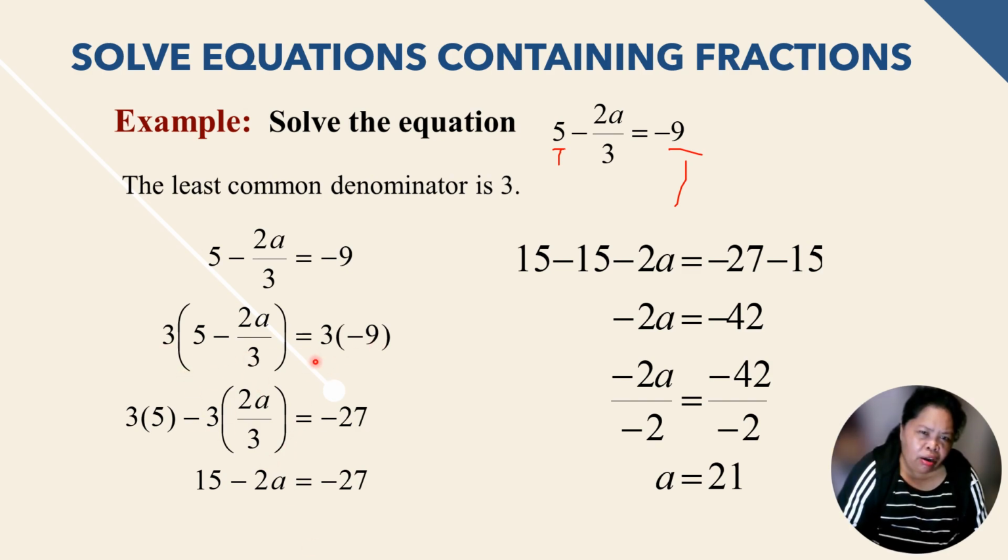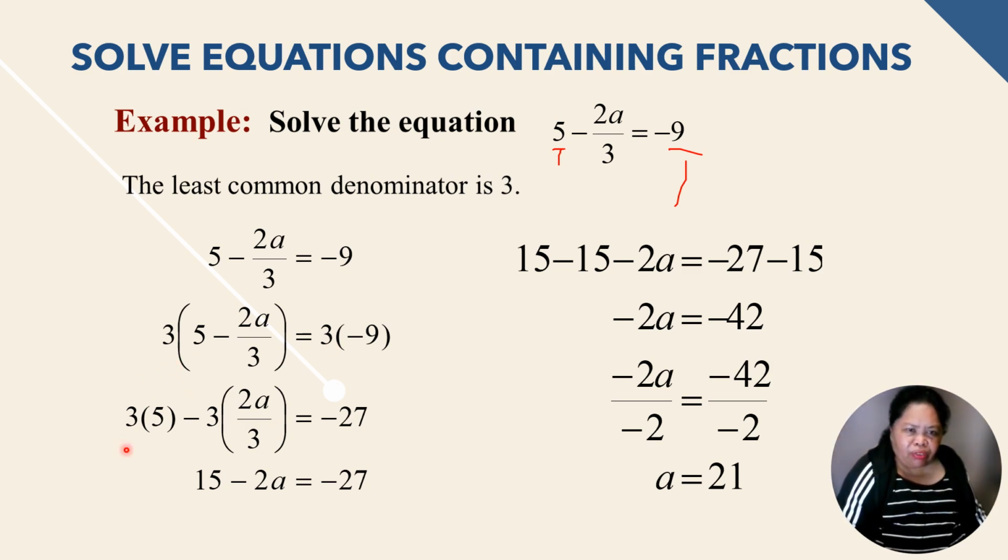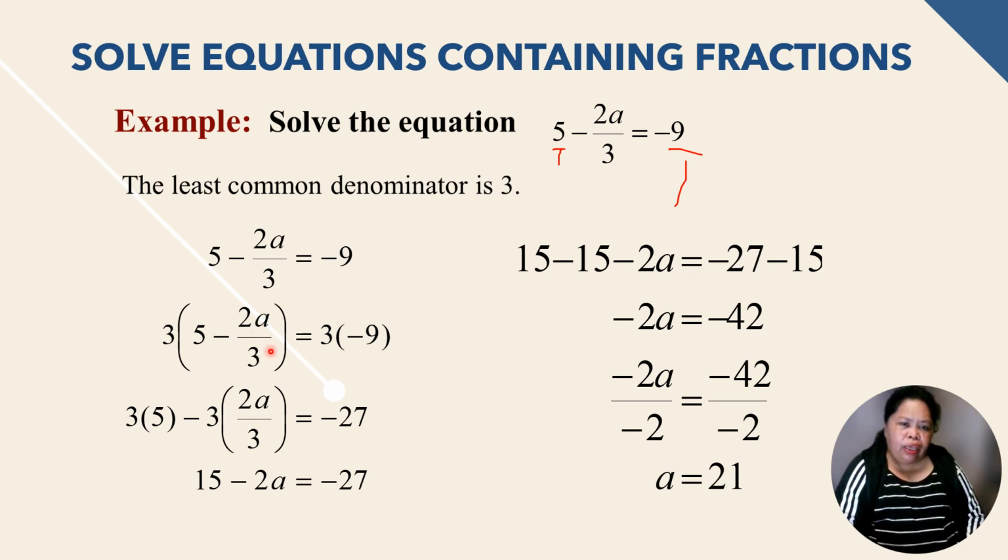3 times 5 is 15. And then 3 times 2a over 3 is 2a, and then 3 times 9 is -27. So we can cancel the 3 directly like here. So that's 2a minus 27.